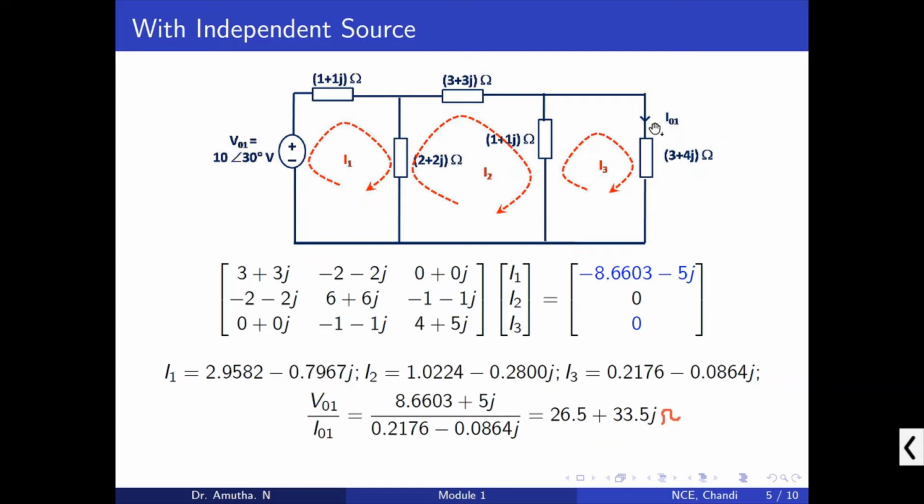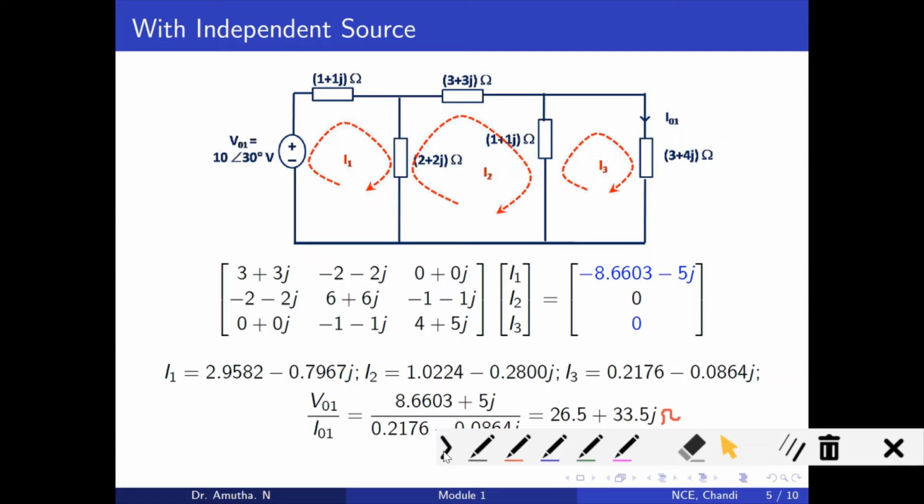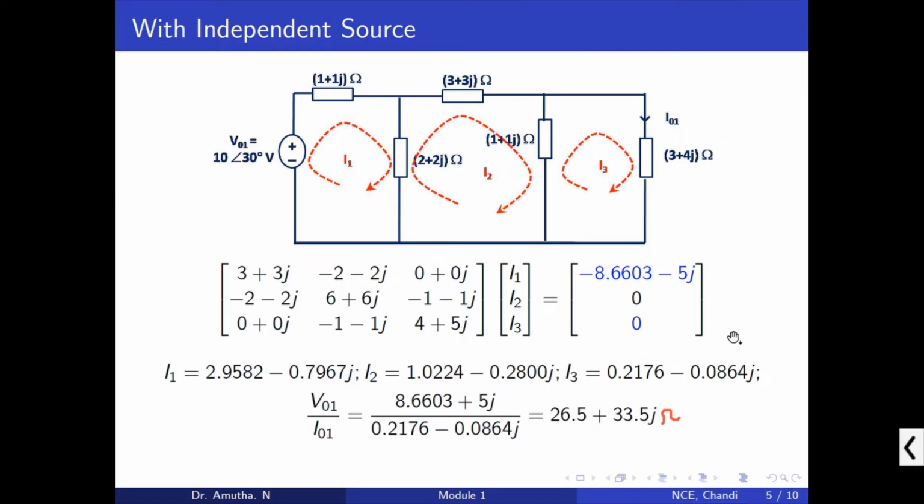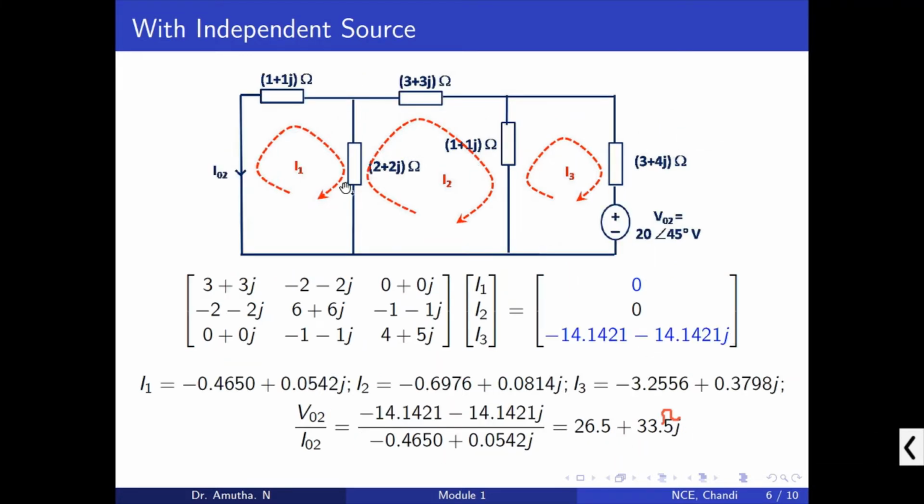We can place it over there in this branch. Right? We have short circuited this one and we have placed this one. Okay, I intentionally marked I02 in this direction, and we will try to observe whether we are getting the same result or not.